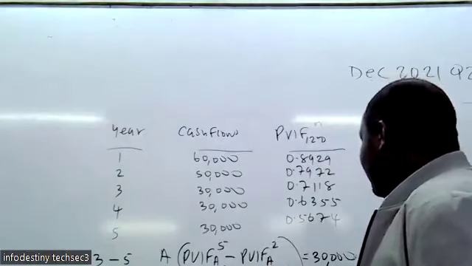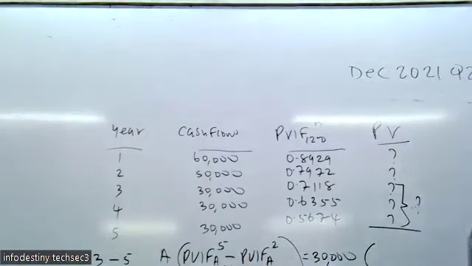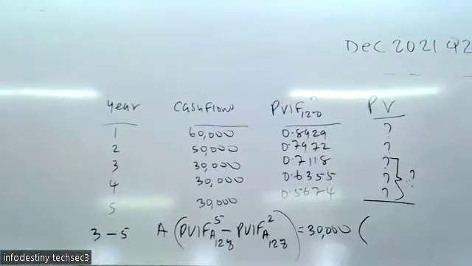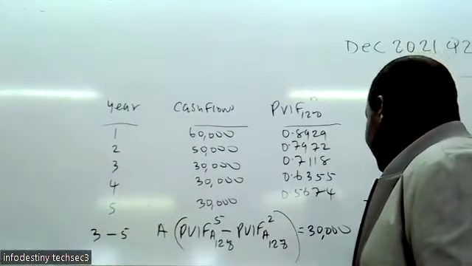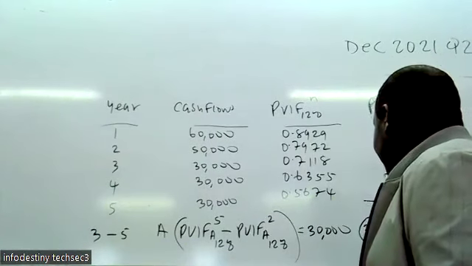Then I want you now to check in that annuity table, what is 12% in year 5? 3.6048.